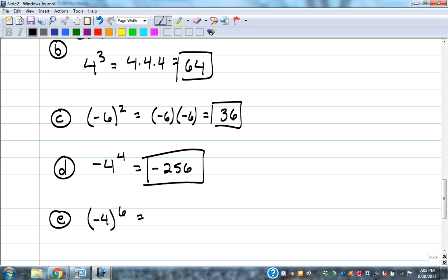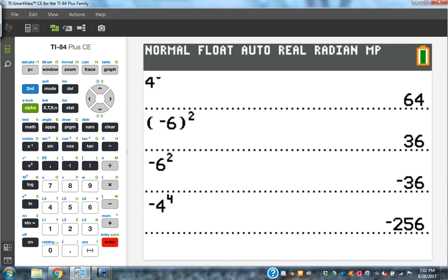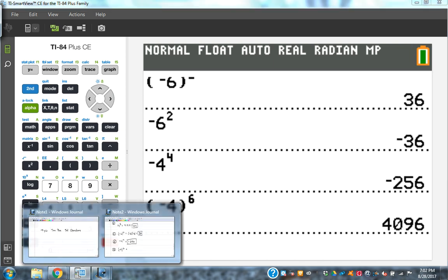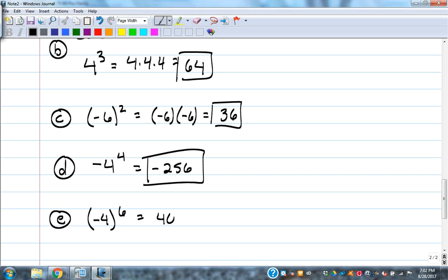So here, the parentheses matter. We have a negative number raised to the 6th power. So it's a negative number to an even power, so we know it should be positive just from some number sense. But if you can type it in just like it's written, you can get the right answer. 4,096. Of course, I don't know that off the top of my head.